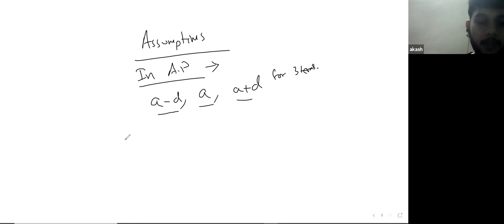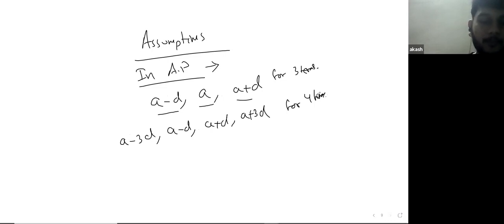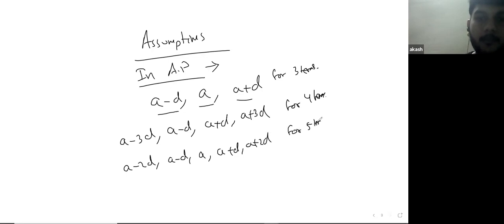For 4 terms, you can take A minus 3D, A minus D, A plus D, A plus 3D. For 5 terms, A minus 2D, A minus D, A, A plus D, A plus 2D. Are we clear?